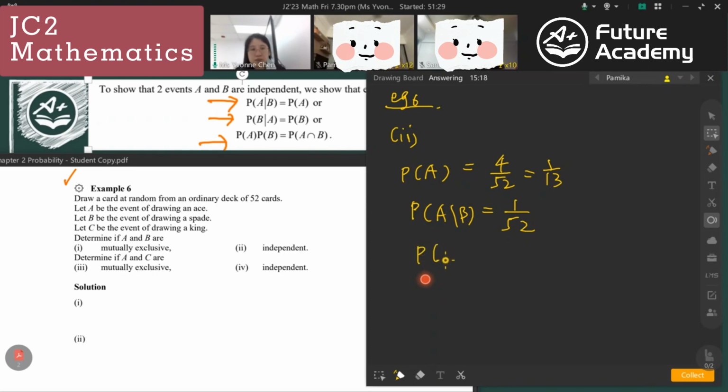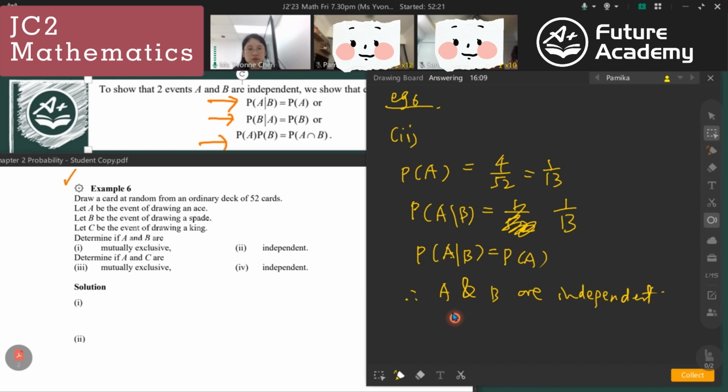So the probability of A given B is still 1 out of 13. Basically, no matter whether B is a spade or not, there's no difference. A still has a 1 out of 13 chance. So the probability of A given B equals the probability of A. Therefore, they are independent. A and B are, which is here, the first result.